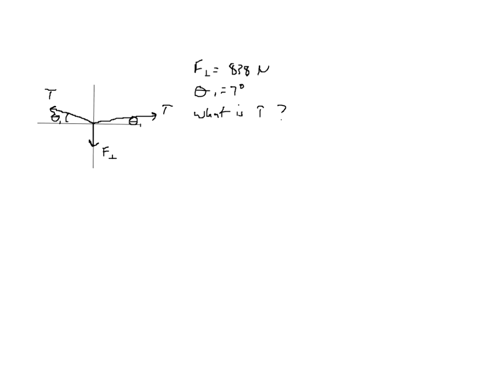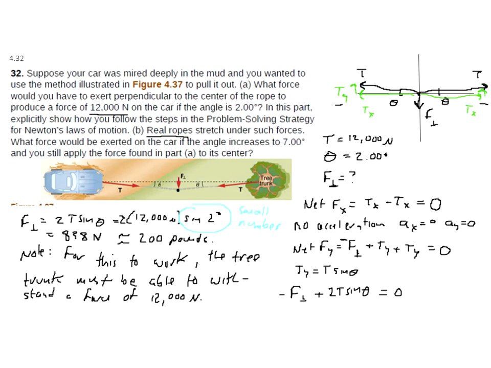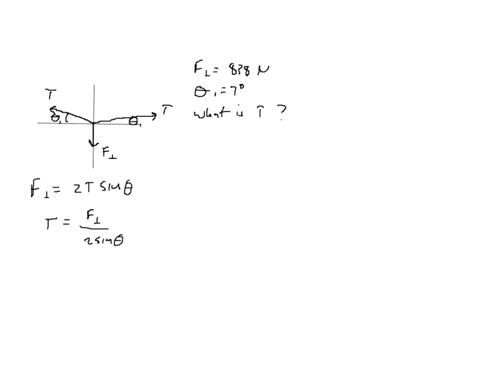So we can use this formula here, F perp equals 2T sine theta, because we've got the exact same sketch. But now we need to solve for T. So T equals F perp over 2 sine theta. If we look at the units here, force is newtons, tension is newtons, and this 2 just came from the fact that we had the 2 force terms here.